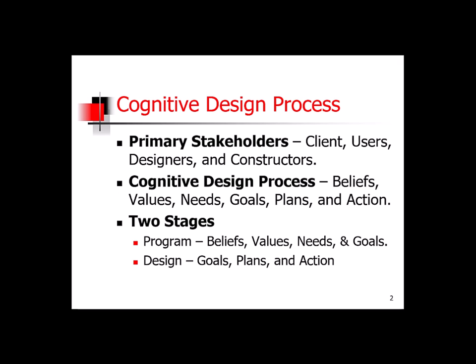One is called programming, which is the collection of information around our beliefs, our values, our needs, and our goals, and establishing our goals. And then the second stage is really what we often consider the design, and that is taking those design goals from the program and developing plans and action.